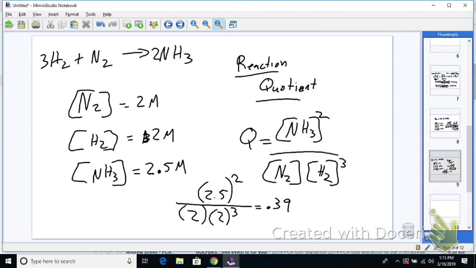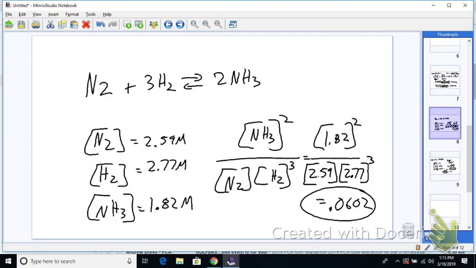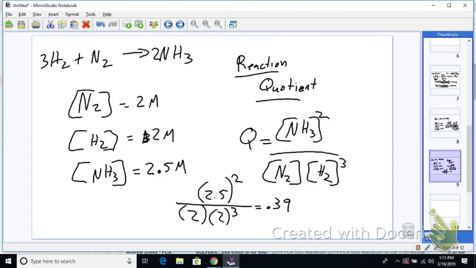Meaning, eventually this reaction, if we let it keep going, will shift to where I can get 0.0602. So is it going to shift left, which means it's going to make more reactants, or is it going to shift right where it's going to make more products? Which way do you think it's going to have to shift? Left. So it's going to shift left. Everybody agree?